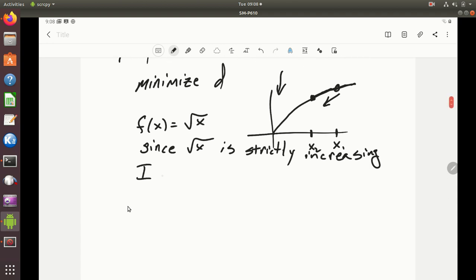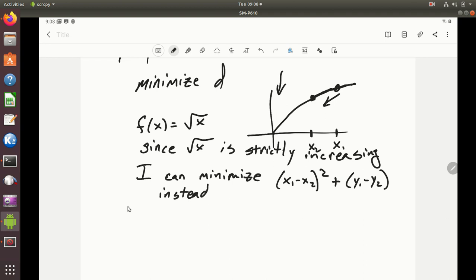I can minimize x1 minus x2 squared and y1 minus y2 squared instead of the square root of the expression.